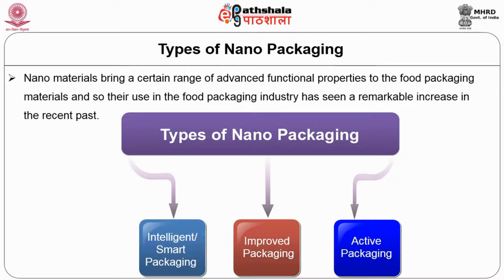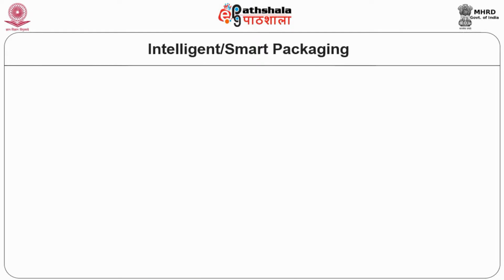Nowadays, the usage of nano packaging has increased and it has an important role in marketing food products worldwide. Let us discuss a few points about different types of nano packaging one by one.